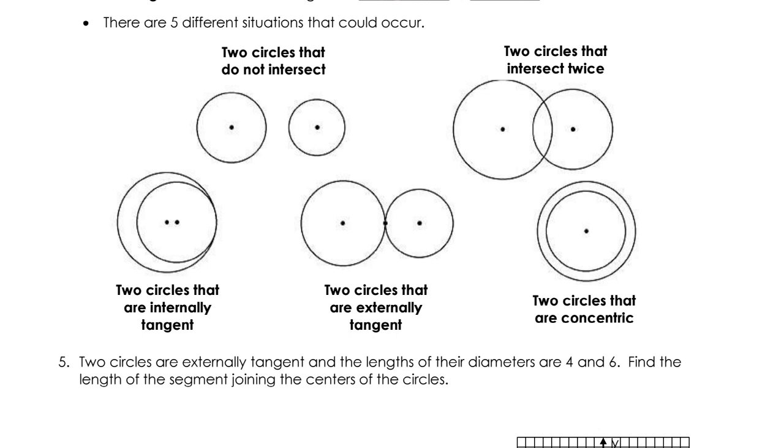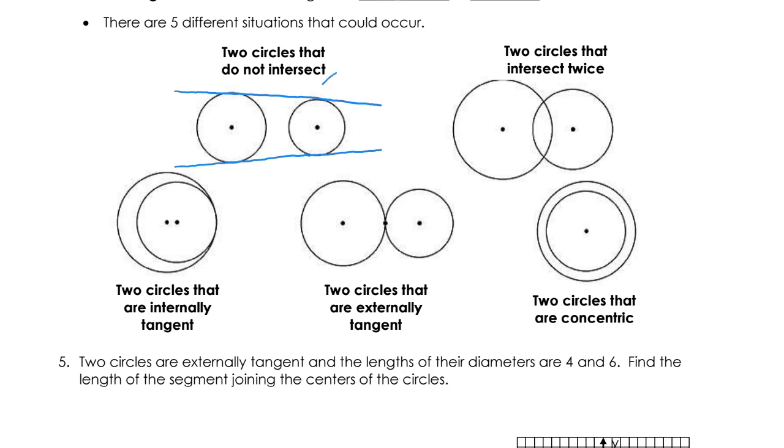Two circles that do not intersect have a possibility of 4 common tangents. The first common tangent that we could draw touches the tops of both circles. The second common tangent touches the bottoms of both circles. The third common tangent touches the insides of both circles at a diagonal.